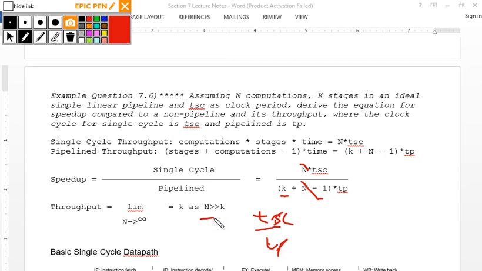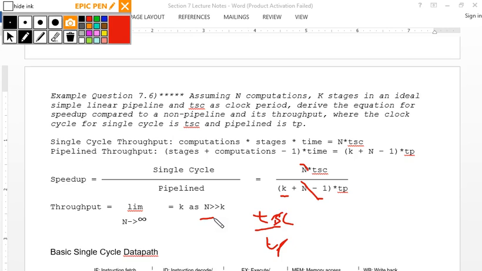So what is this relationship here? What's that approximately going to be? The difference between the single cycle clock length and the pipeline clock length. There's a performance ratio. And what is that approximately?